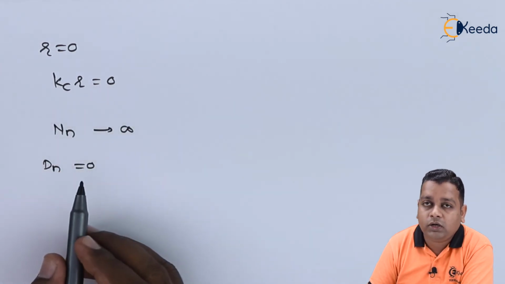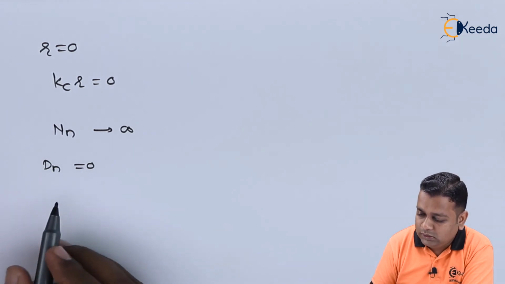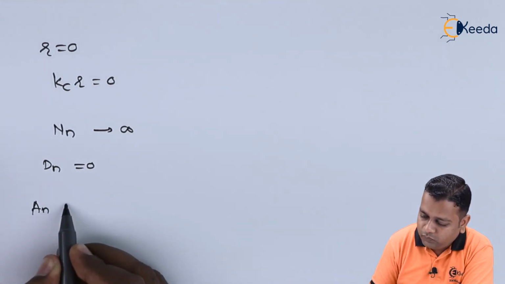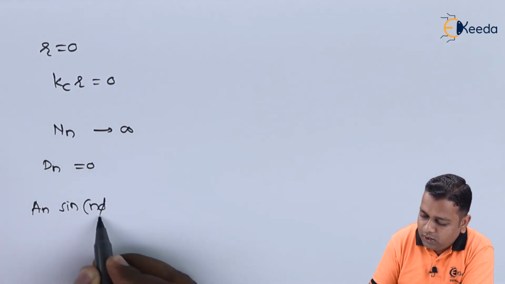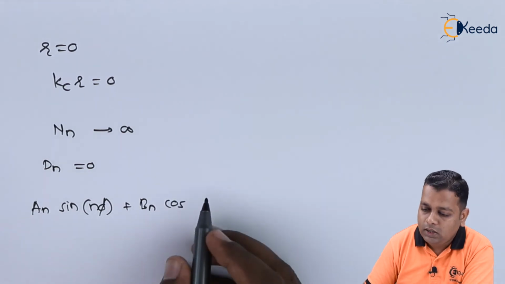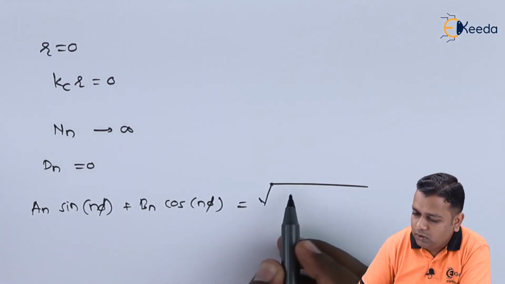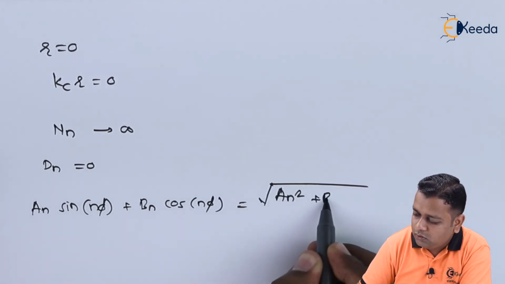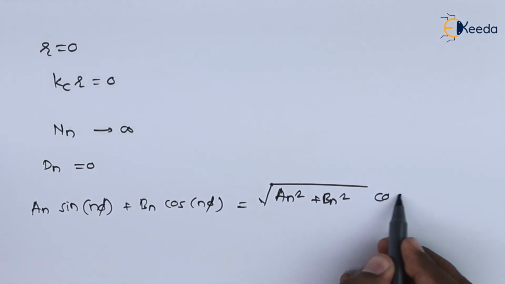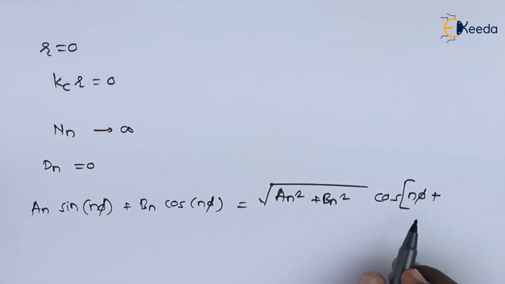Also, using trigonometric manipulations, the two sinusoidal terms become, we have An in multiplication to sine of n phi added to Bn in multiplication to the trigonometric cosine of n phi is equal to, we can write the square root of An square added to Bn square here in multiplication to the cosine of, in the square bracket, n phi added to the tan inverse of the An to Bn ratio.